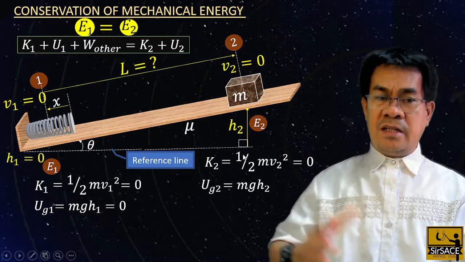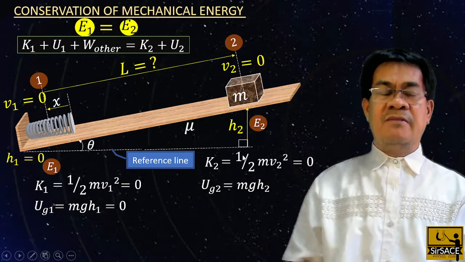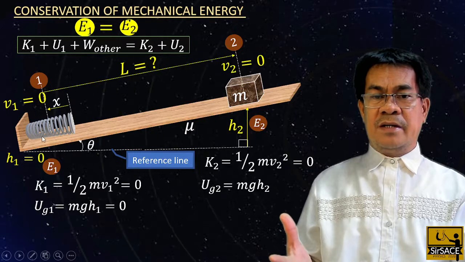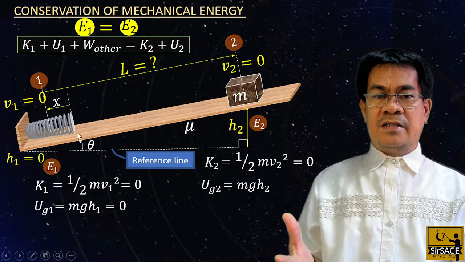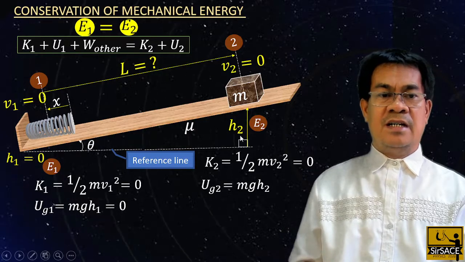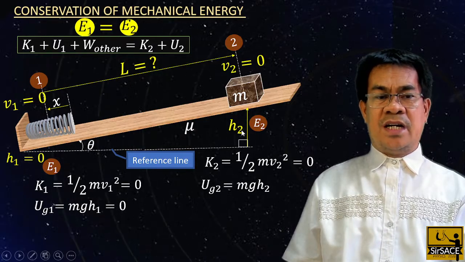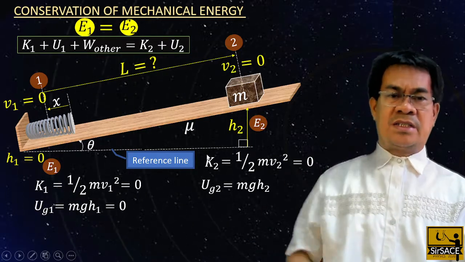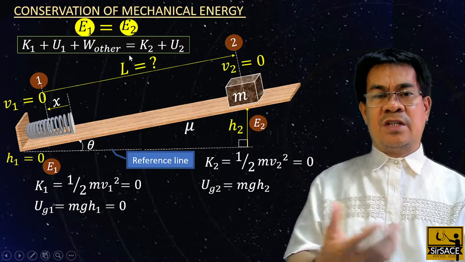Okay? But take note that h2 is not given, but in this case, remember that this is a right triangle whose angle is theta, whose opposite side is h2 and the hypotenuse is L. So we don't have h2, but we can relate h2 in terms of length.